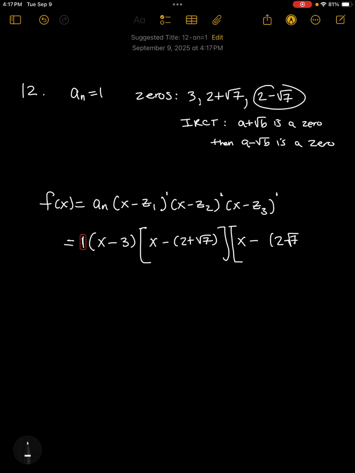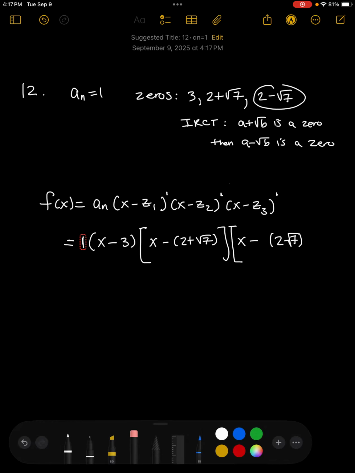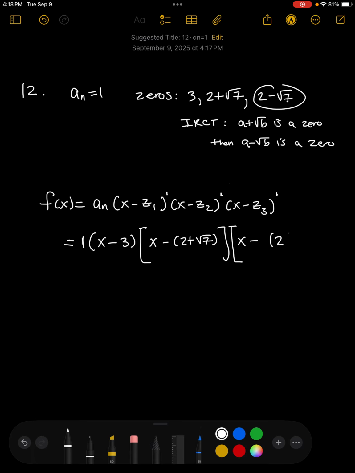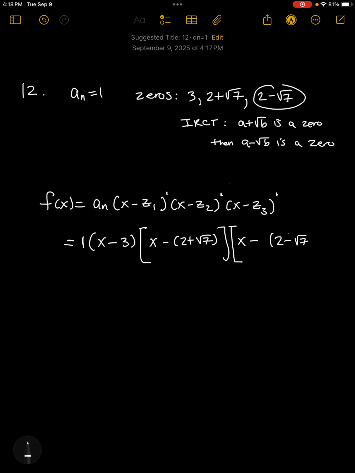Okay, so make sure you are very careful. In fact, that one looks a little bit off, let me just erase this. This should be 2 minus the square root of 7. Okay, much better. All right, so make sure you put parentheses there whenever you're subtracting a quantity of more than one term.